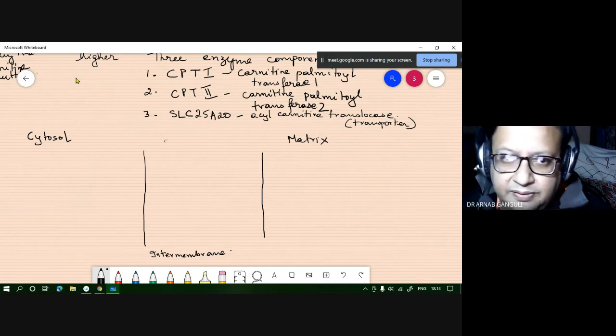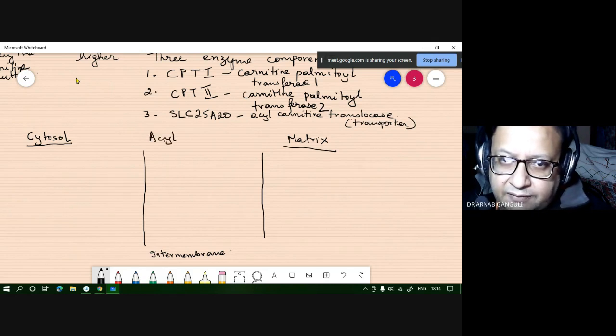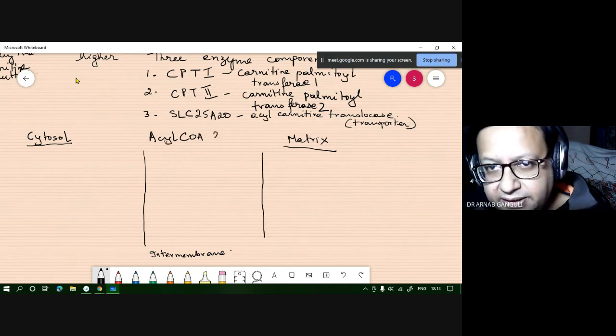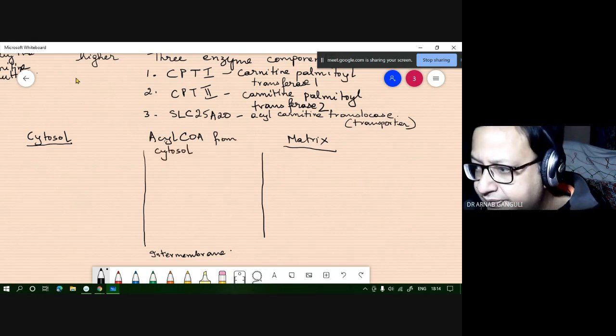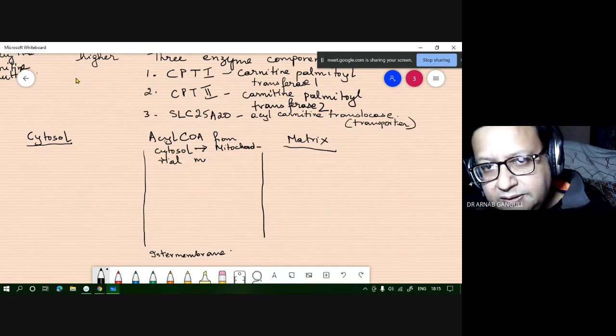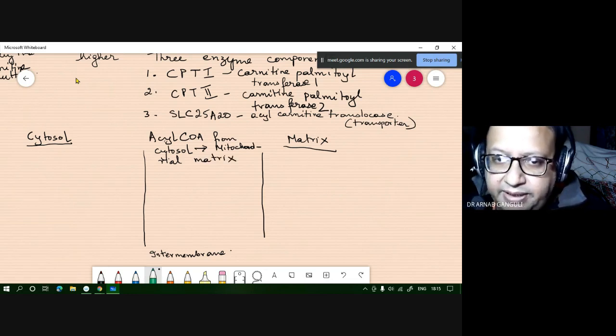So, cytosol. And what is going to happen? Fatty acyl CoA, already this is charged, from cytosol, it will move into the mitochondrial matrix.